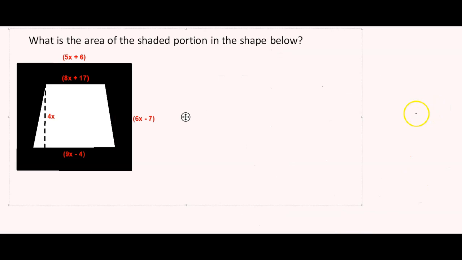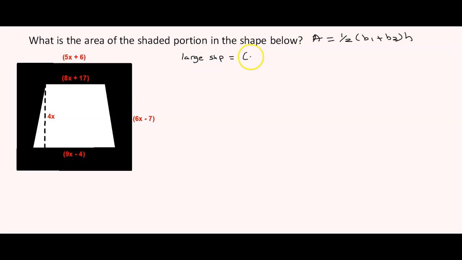And finally, we have a trapezoid here. So the area of a trapezoid is 1/2 base 1 plus base 2 multiplied by height. So that's an important thing to know. So here we're going to find the area of the rectangle. So large shape is going to be 5x plus 6 multiplied by 6x minus 7.